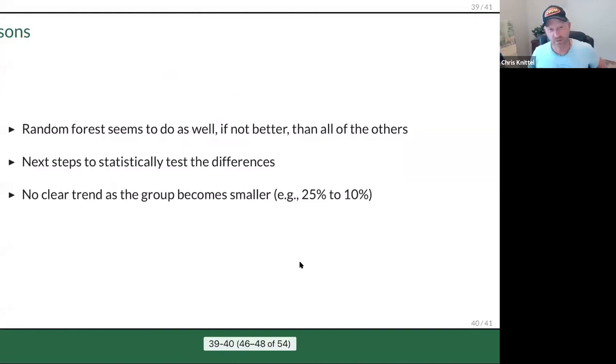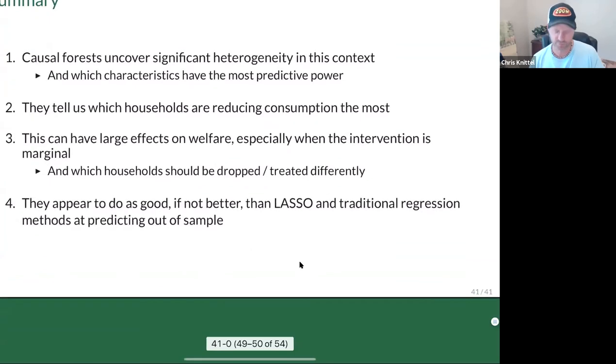So the conclusion from the horse race, I would say, is that the forest does as well, if not better, than every method in every case. So from that perspective, this routine seems to be a good way to use experiments to target who to treat. Okay, and that's really my wrap up, Rob.